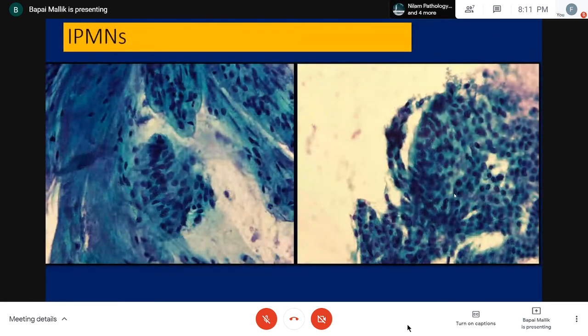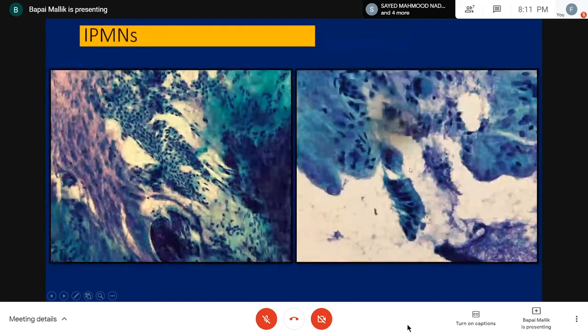IPMNs, and if you look at the edges, you see these cells streaming out. These are the epithelial cells. Some more of the pictures, and here you start seeing this, which you saw a little bit earlier. These are the mucin caps, because these are the gastric foveolar type of cells showing mucinous caps over here.